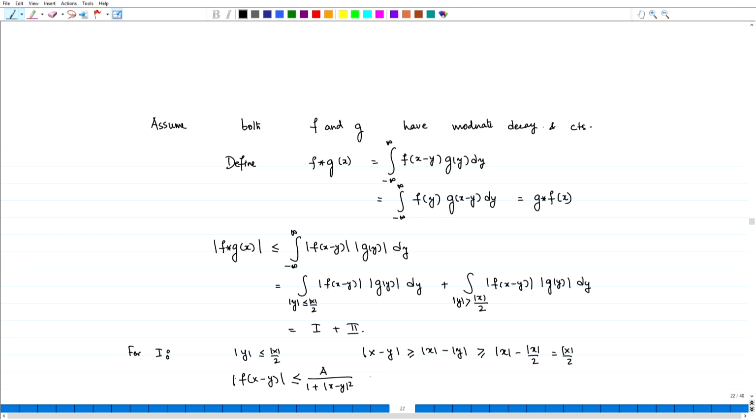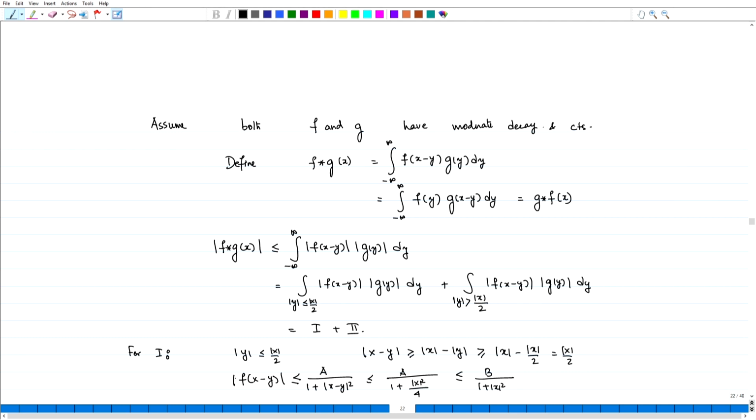Therefore, this is less than or equal to A over (1 + |x|²/4). So, this is definitely less than or equal to some constant divided by 1 + |x|².